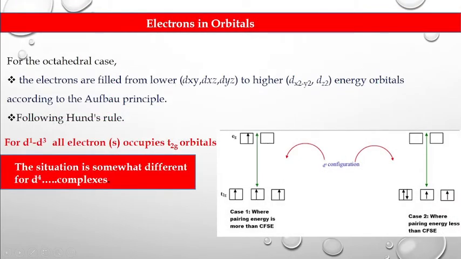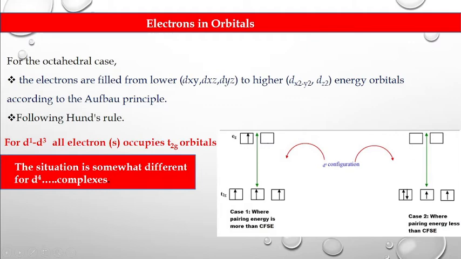Now, how do the electrons occupy these two energy levels, or you can say these two sets of orbitals? The electrons follow the Aufbau principle and Hund's rule of maximum multiplicity.